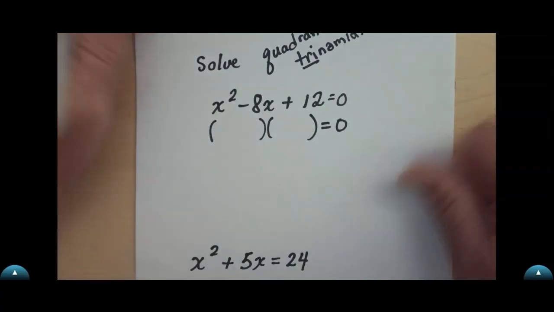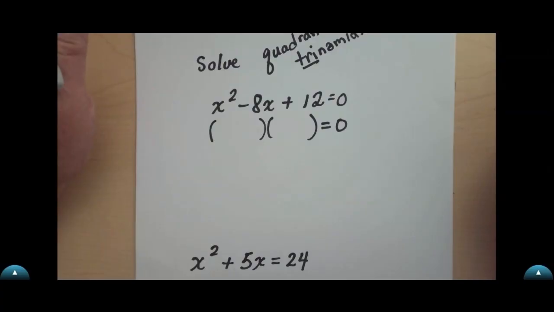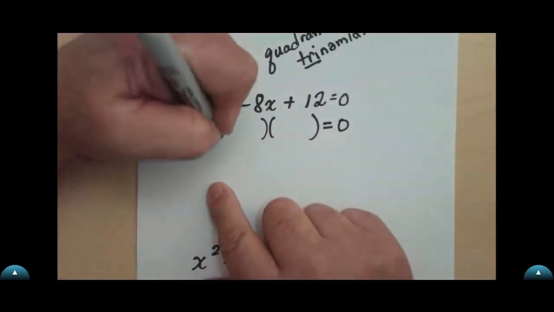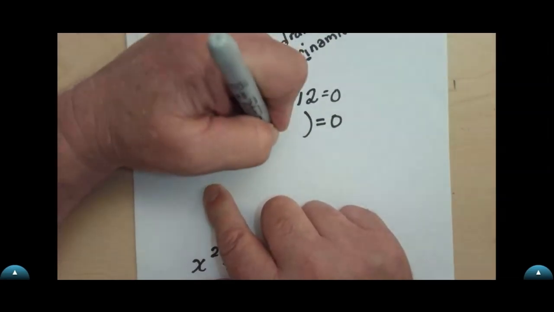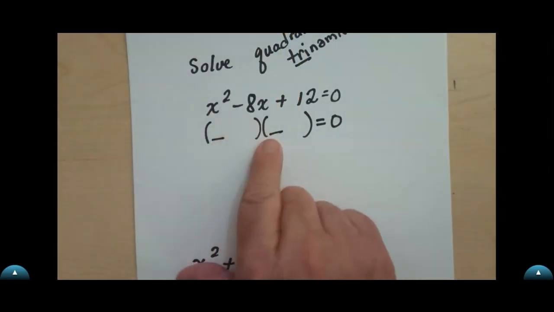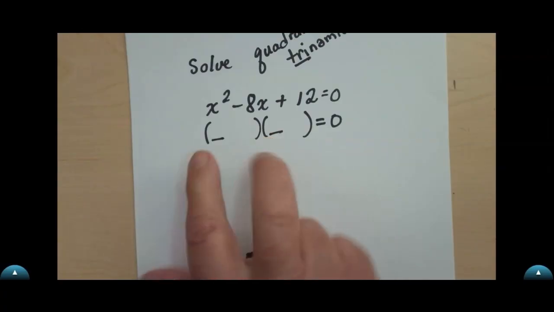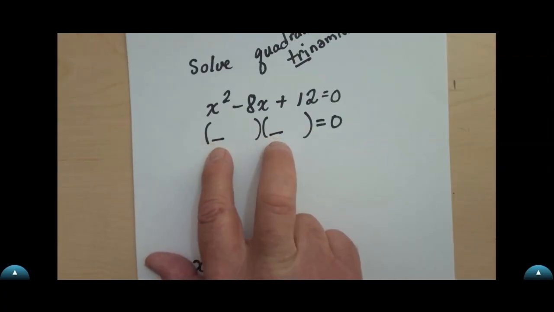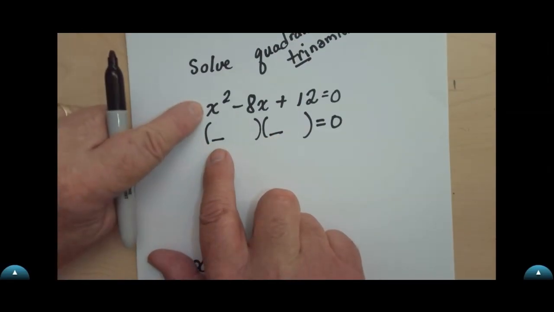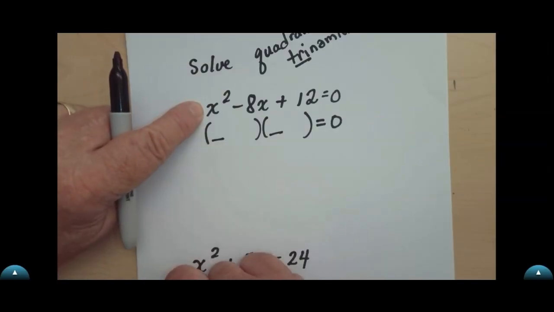And so it turns out there's a super easy way to figure out what those factors are. Whatever goes first in each set of parentheses, those 2 terms have to multiply to give us this first term, x squared.